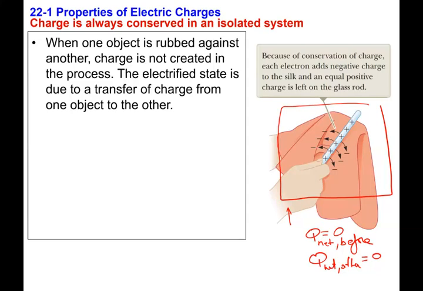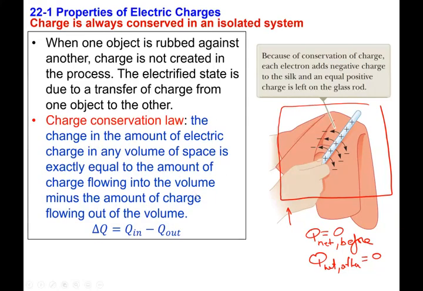So actually, we have a transfer of charges from one object to another, but the total charge is the same. So we say this is the principle of charge conservation, or the charge conservation law.